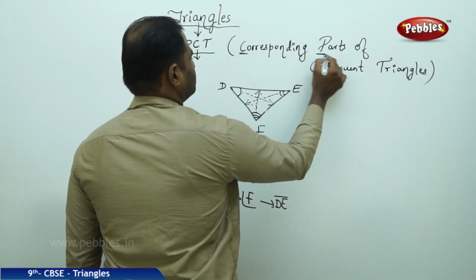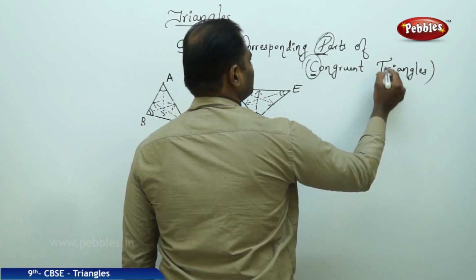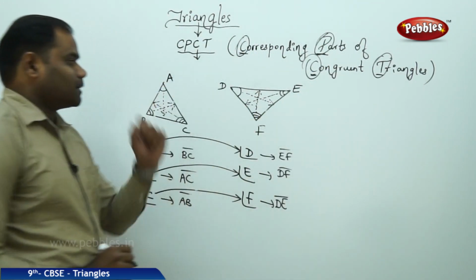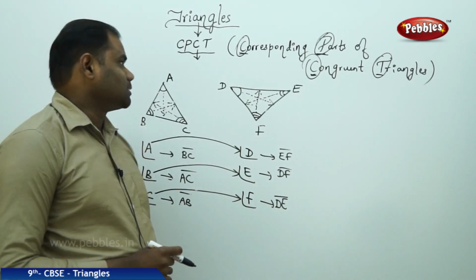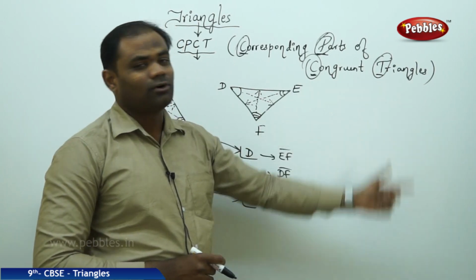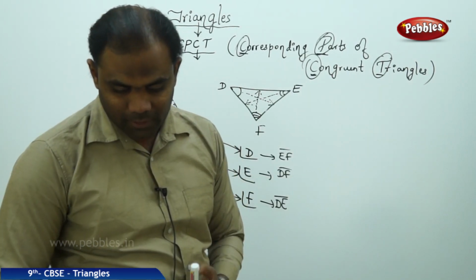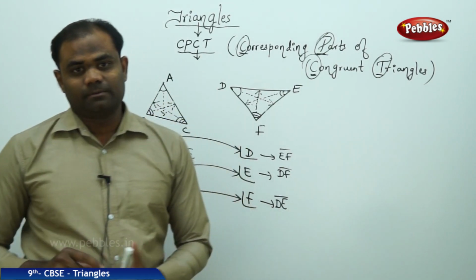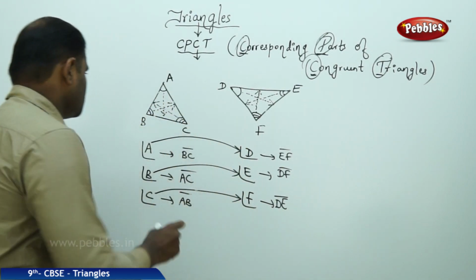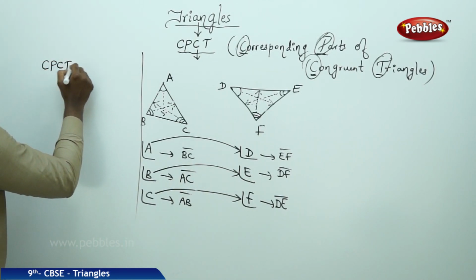C, P, C and T is how I expand CPCT. The corresponding parts of congruent triangles are always equal is how we understand CPCT.